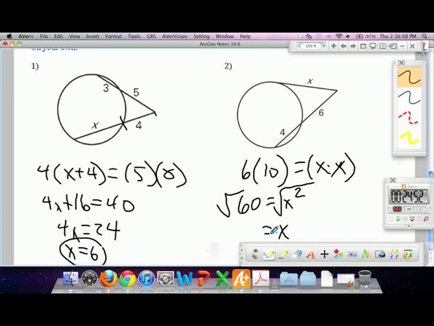And then root 60 is 2 roots of 15. If you need a reminder for simplifying radicals, you could go back to the algebra review from chapter 7. I believe I still have that video posted on our website that you could check out for a quick algebra review of that.